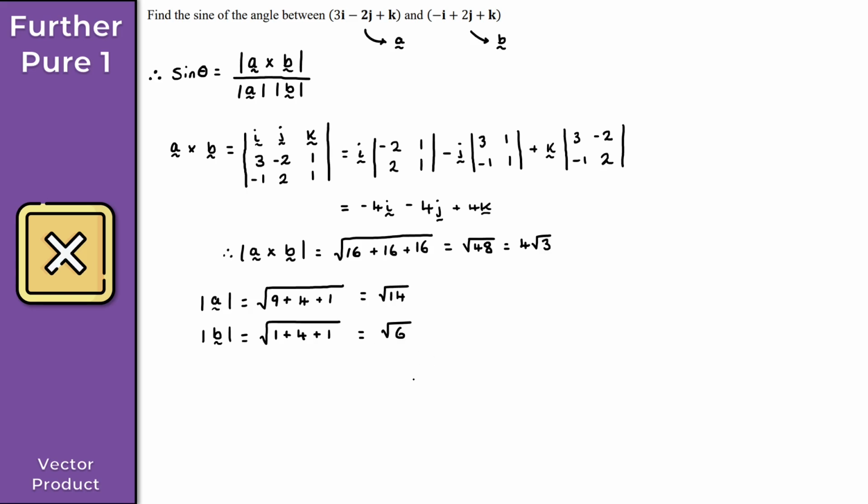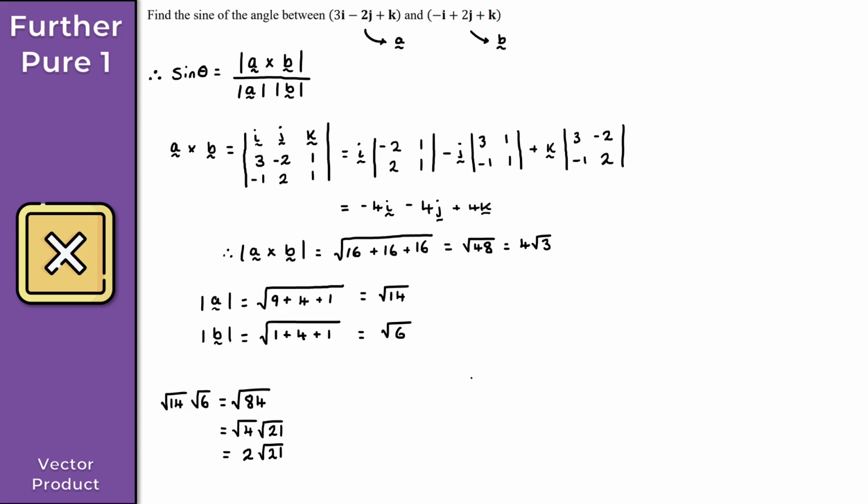So for the denominator, we actually have the product of these two magnitudes: the magnitude of A times by the magnitude of B. So that's root 14 times by root 6, which gives us the square root of 84, which we can simplify, right? The square root of 84 is the same as root 4, root 21, and obviously root 4 is just 2. So we get 2 root 21 there.